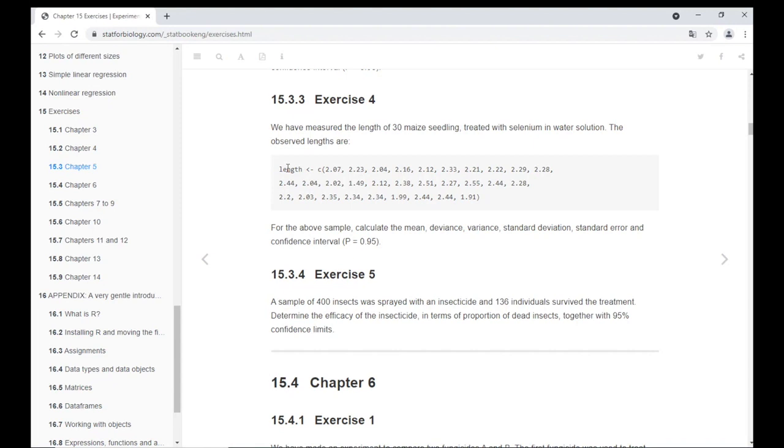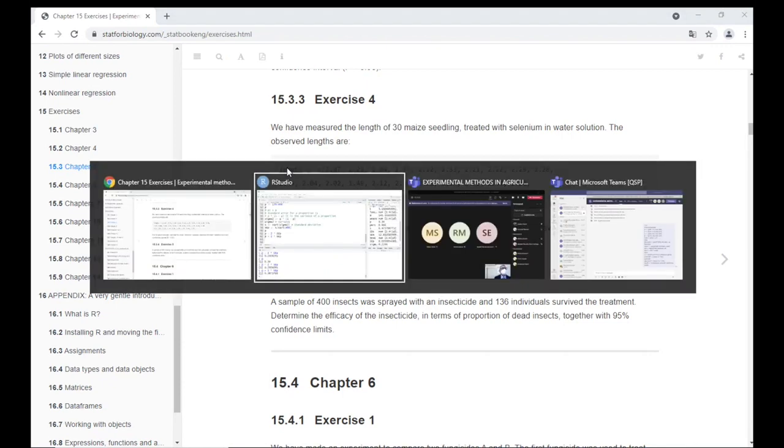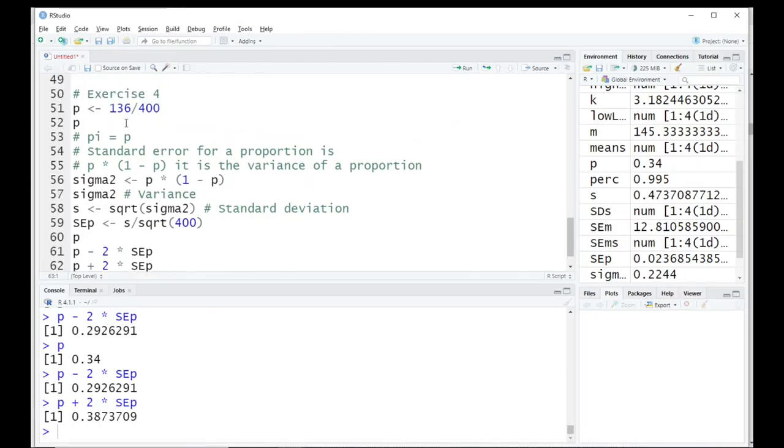And we counted 137 insects alive, surviving the treatment. Okay? So in this case, the exercise is like this. We calculate a proportion of surviving that was equal to 0.34, so 34% surviving insects.